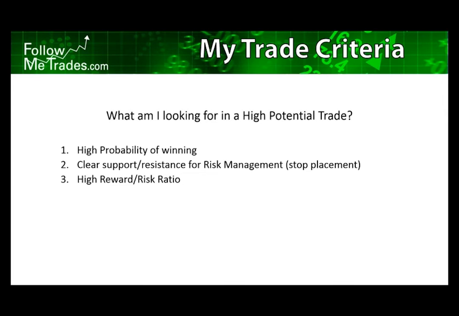I never go into a trade without a predetermined stop, and you're going to see how I do the math on that in a minute. But I need a clear support or resistance level to put my stop. It's got to be based on the trade, on the reality of the chart. And I want a high return. I want the reward to risk ratio to be high. Those are the things I check off before I take a trade.